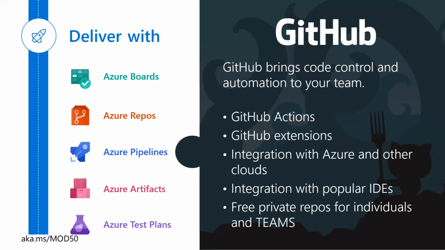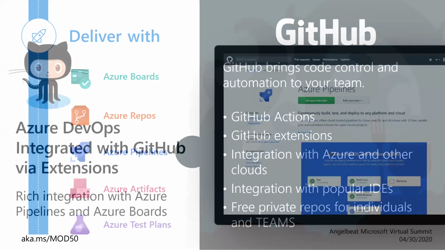GitHub Extensions are third-party extensions created by all the cloud providers and others that allow you to integrate with local machines, with clouds, and other things. They also integrate with popular IDEs, and free private repos are available through GitHub. Most recently, they're mentioned for Teams as well. So you get free private repos for Teams, which used to cost money.